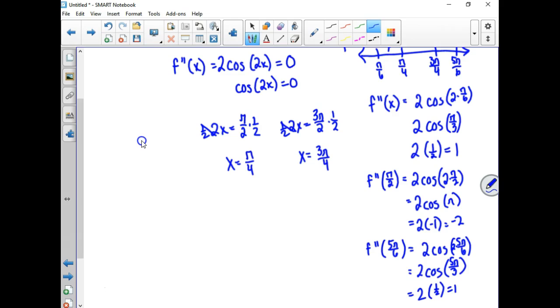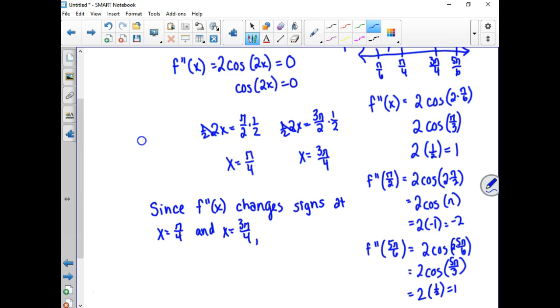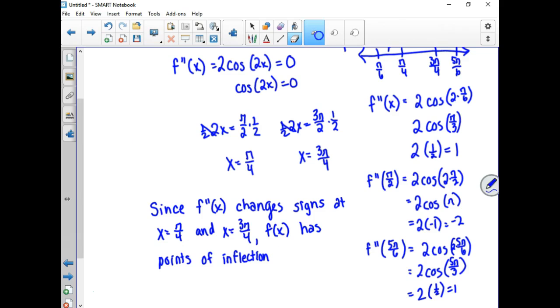We have to explain that in our answer, so we will say since f double prime of x changes signs at x equals pi over 4 and x equals 3 pi over 4, f of x has points of inflection at these points.